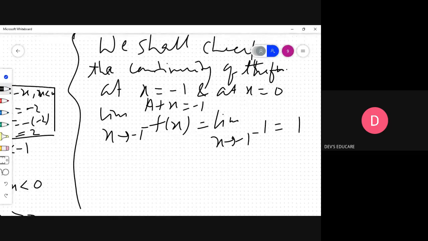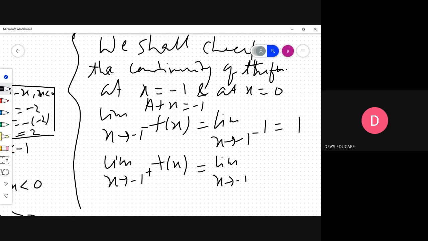Now for RHL, limit x tends to minus 1 plus f(x) equals limit x tends to minus 1 of minus 2x minus 1. So this becomes minus 2 times minus 1 minus 1, which is again 2 minus 1 equals 1.